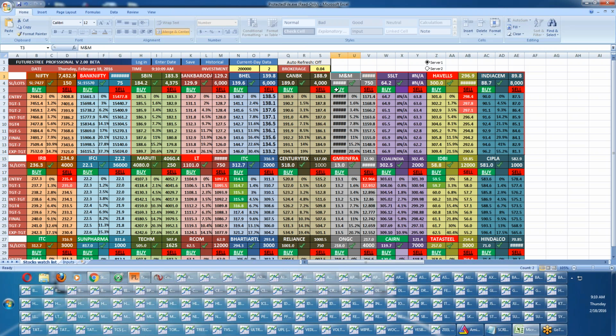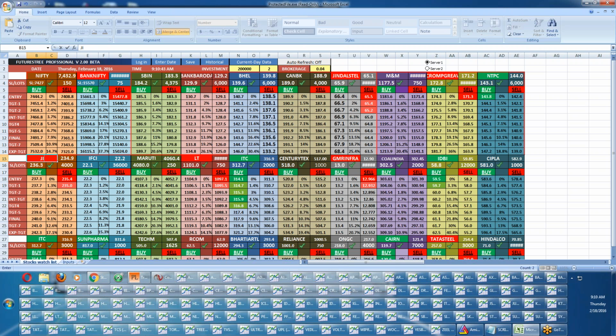I'll have to add that in a different place, because the cell width is not sufficient here. Let me add Jindal Steel, and we have Crompton, NTPC. In place of IRB, let me add Jindal.